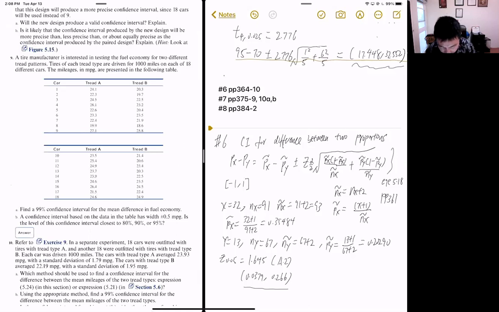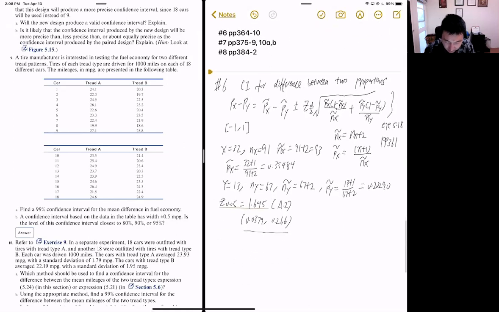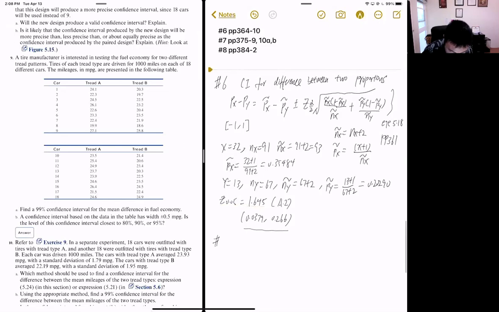Question number 9 is here. Look at the last sentence: A, find the 99% CI for the mean difference in fuel economy.